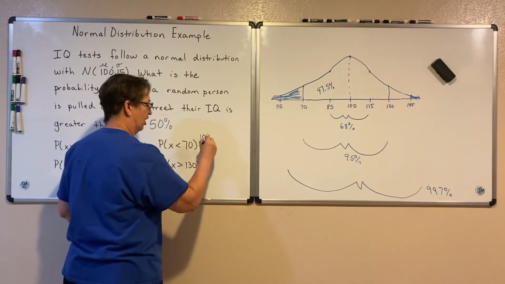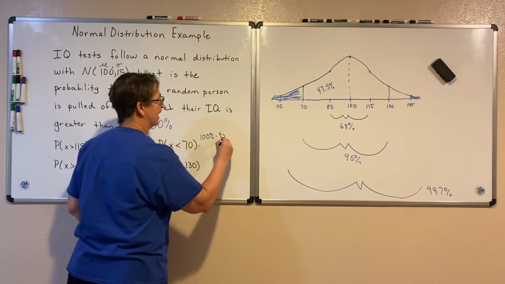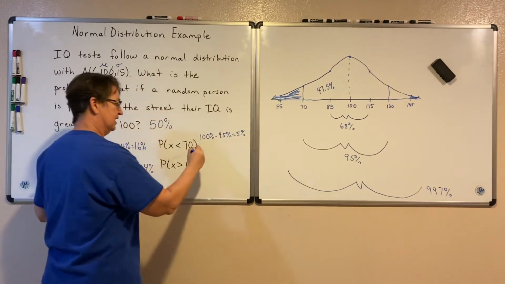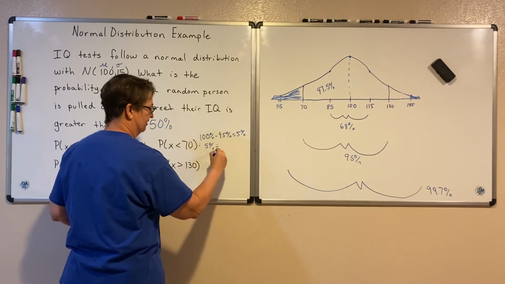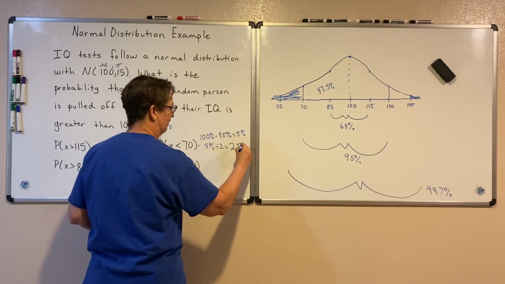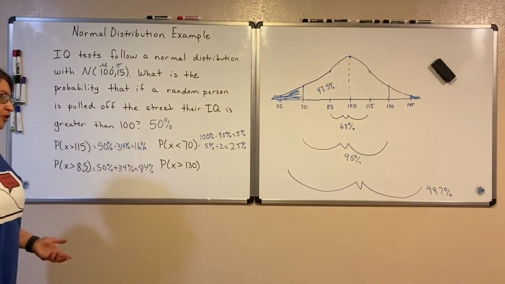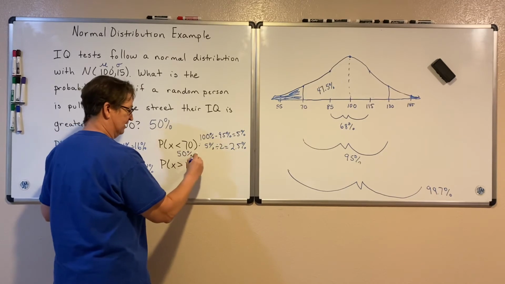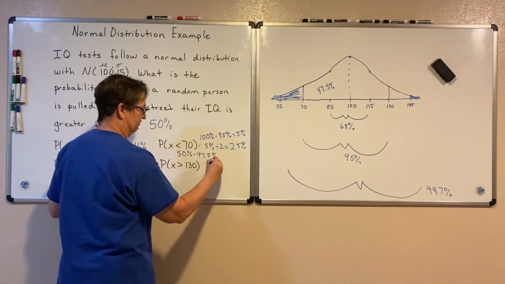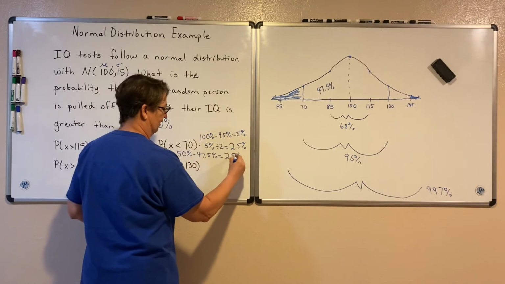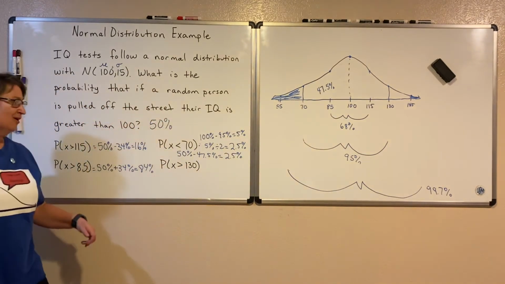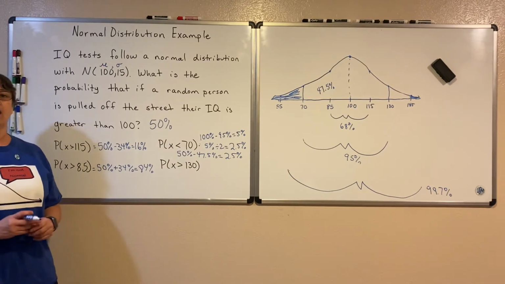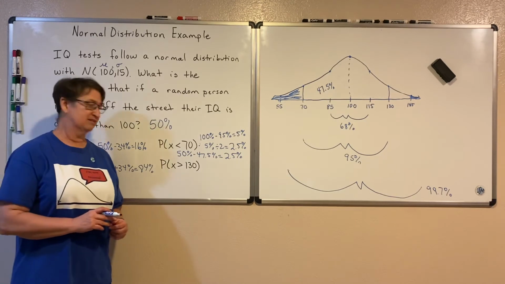You could do 100% minus 95% to get the 5% on both ends, and then divide the 5% by 2 to get 2.5%. Or you could say, well, 50% of it minus the 47.5% of it also gives me that 2.5%. Either way, we expect 2.5% of the time to get a person with an IQ of less than 70.